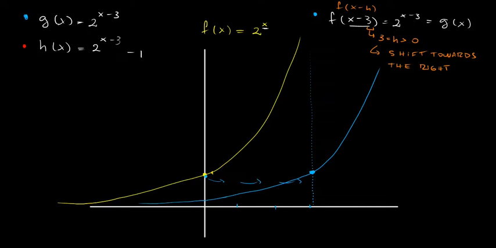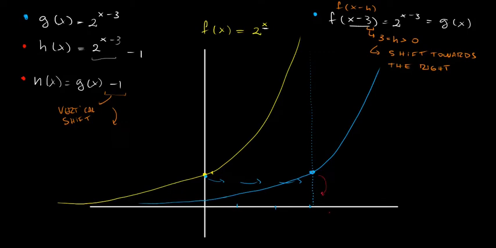And now let's think about h. Well, this part of h is the same as g, so h of x is actually g of x minus 1. And if you remember from previous videos, this minus 1 is doing a vertical shift. So it's gonna move g 1 unit down. Again, the easiest thing for us to do is move this point here.